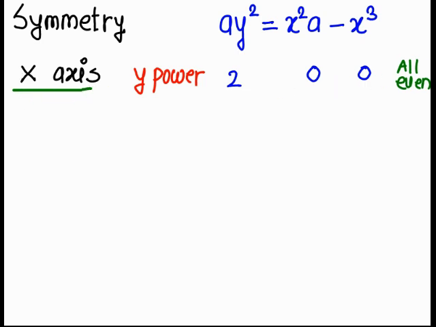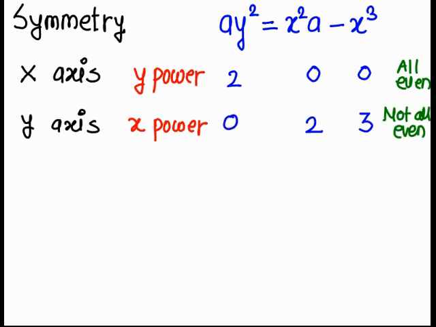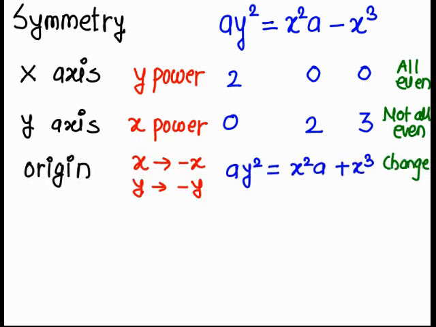Now for the second axis, that is the y-axis, we need to find all the powers of x. Here we have 2 and 3, so all are not even, so it is not symmetric about the y-axis.